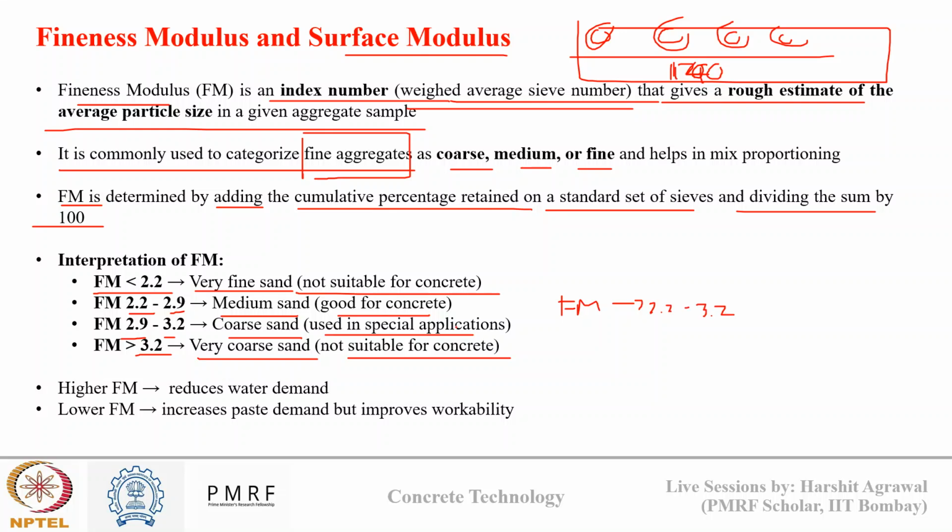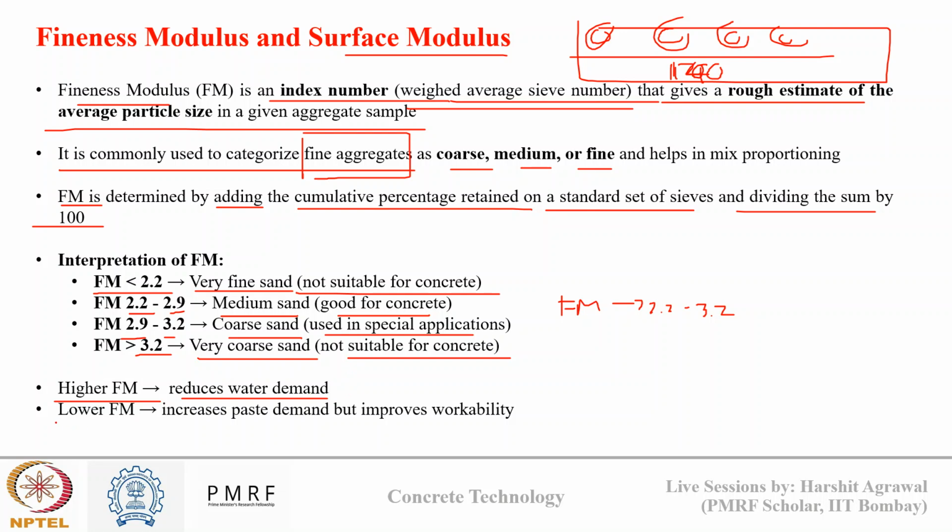Why are very high and very low fineness modulus not suitable? If we have a very high fineness modulus, it will reduce the water demand. What will happen is that there will be chances that our mix won't match the required consistency that we need.